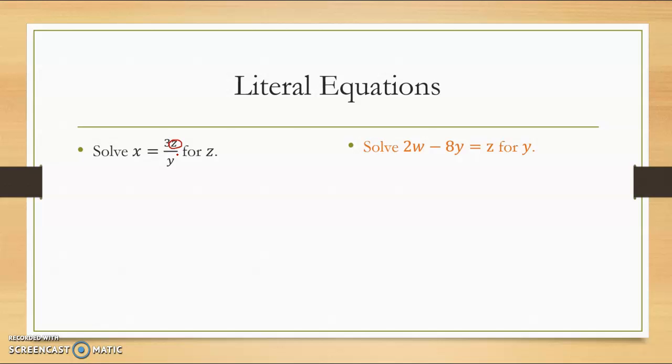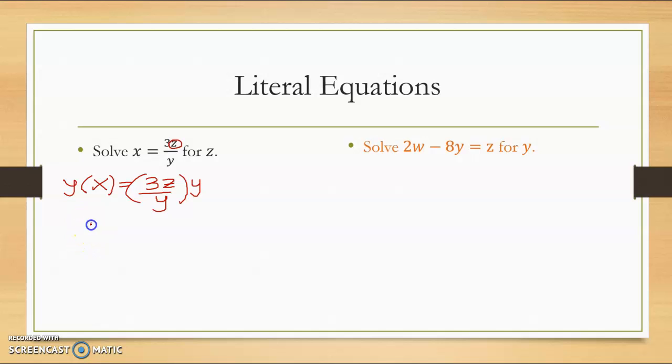And how can we undo a fraction? Well, a fraction is just division. And how do we undo division? With multiplication. So we're going to take our equation and start by multiplying both sides by that denominator that we want to get rid of.